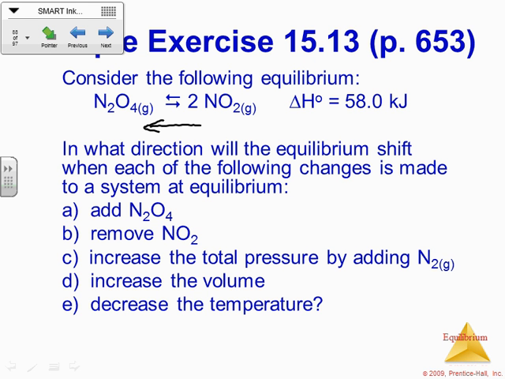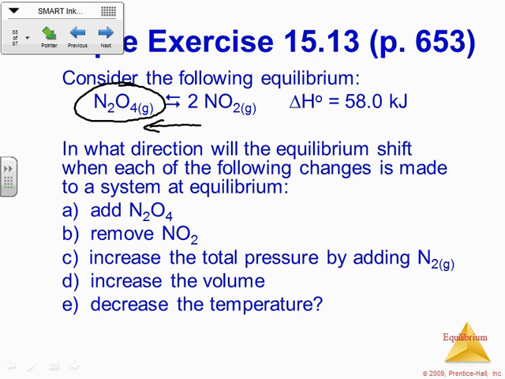And the reason for that, okay, there's less moles of gas on this side, right? Okay, so the equilibrium is going to shift in the direction where it can decrease the pressure as much as possible. Okay, so you're increasing the pressure of both of these. That's going to push the equilibrium back towards the 1 mole of gas, because now you just have 1 mole of molecules bouncing around as opposed to 2 moles of molecules bouncing around. Does that make sense?